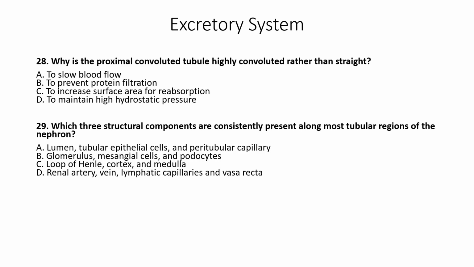So this arrangement allows continuous exchange between the filtrate and the blood, and it forms the anatomical basis of filtration, reabsorption, secretion and all of these functions. So lumen, tubular epithelial cells and peritubular capillaries are very essential for these different functions. That's the answer.